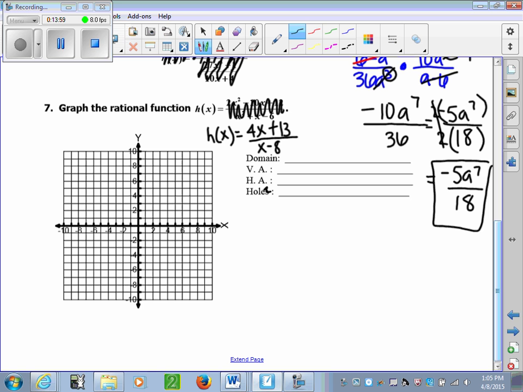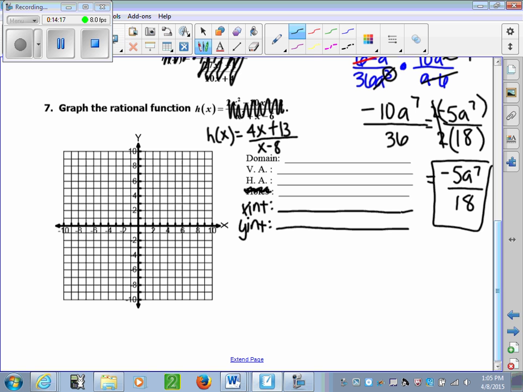And I also got rid of asking about holes, and I asked about our x-intercept and our y-intercept. Okay, so make sure you update your worksheet to show that, but that's what we got. Okay, so let's get started.